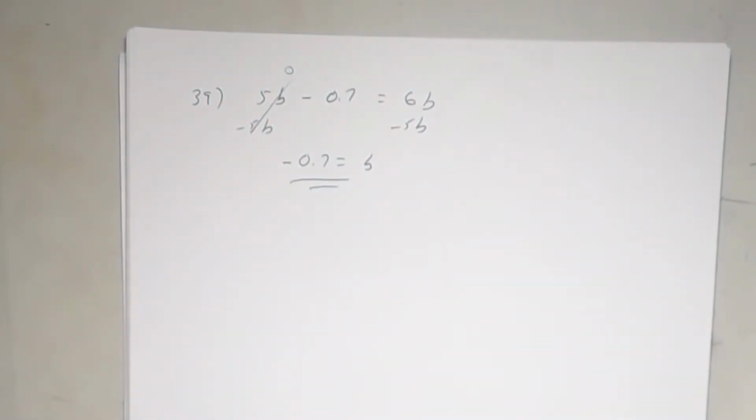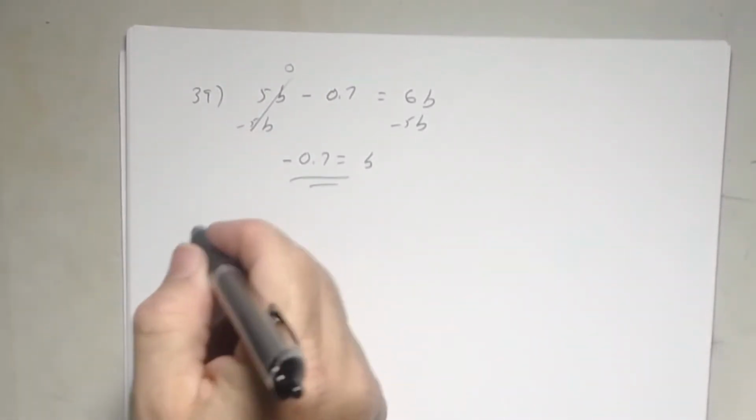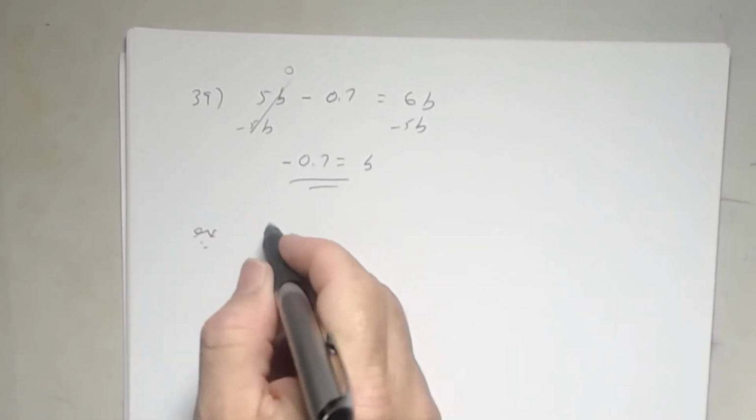Okay, let's do one with a fraction. All right, so I'm going to go ahead and make that one up because I don't see one in here. All right, so let's go ahead and make this one up. Suppose I had this. This will be example.